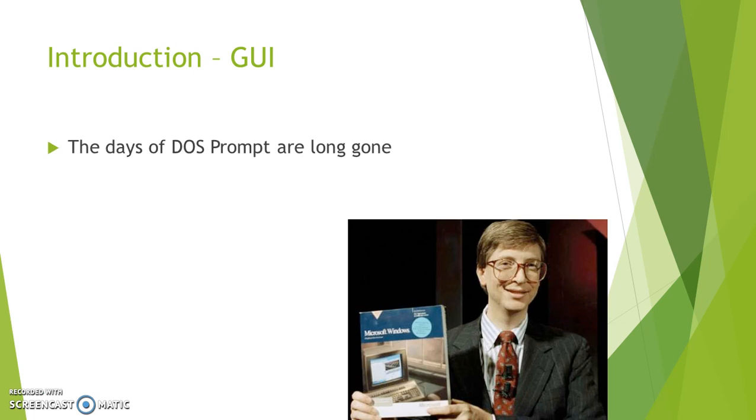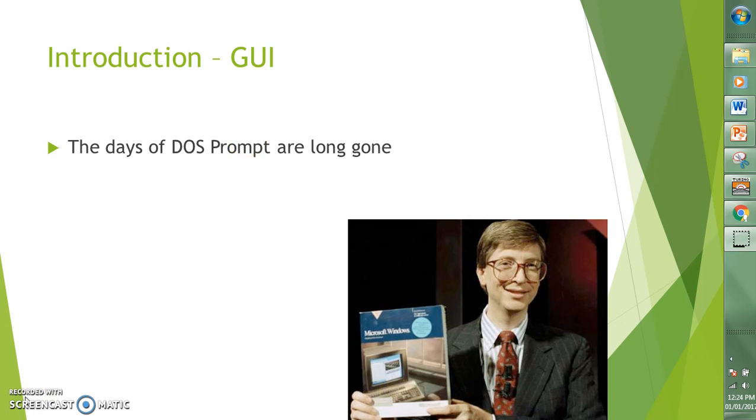So if we want to talk about graphical user interface, most of you won't even really remember the DOS prompt. We've used it a few times in TEJ20, but really it has only very limited utility today.